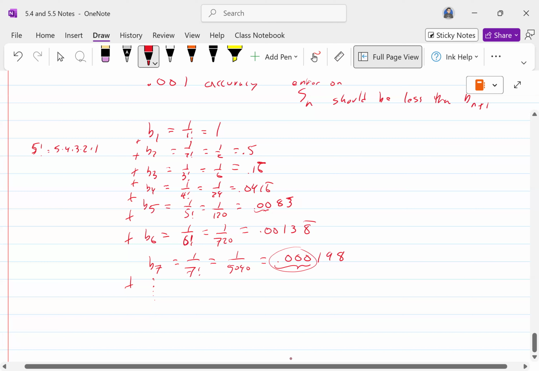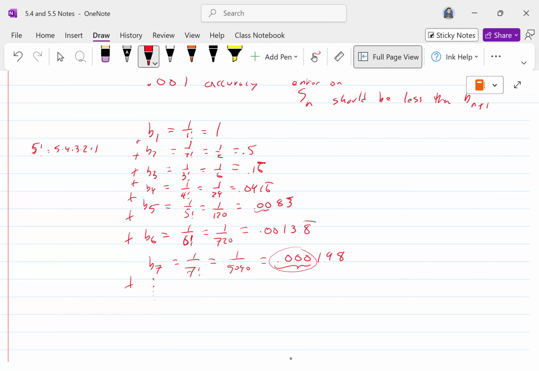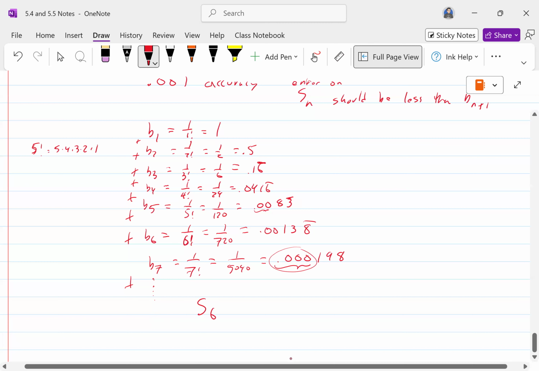We're not going to be adding anything that's going to change my accuracy from here on out. So we can say that S_6 is within 3 decimal place accuracy, because it's always one less.